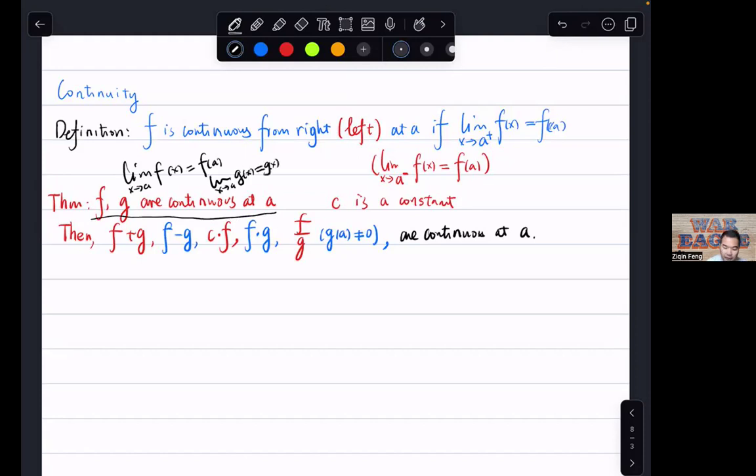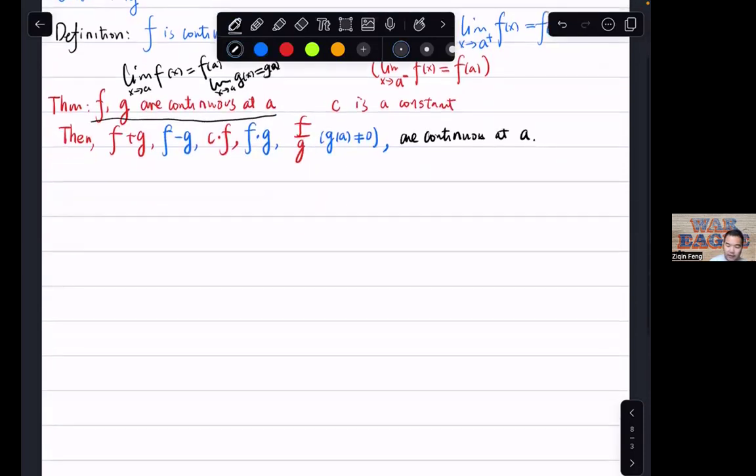So if both limits exist, then the sum, difference, product, and quotient when the denominator is not equal to 0 always exist, and are f of a plus g of a, f of a minus g of a, c times f of a, f of a times g of a, or f of a over g of a. This is basically from the definition.